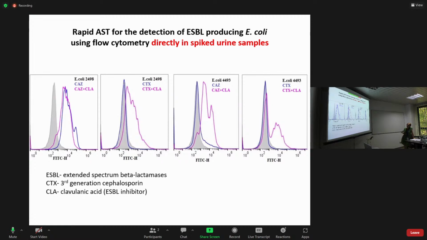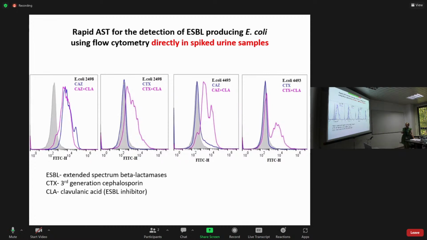These strains are resistant to antibiotics, but these enzymes are inhibited by the so-called ESBL inhibitors. And such an ESBL inhibitor is clavulanic acid.